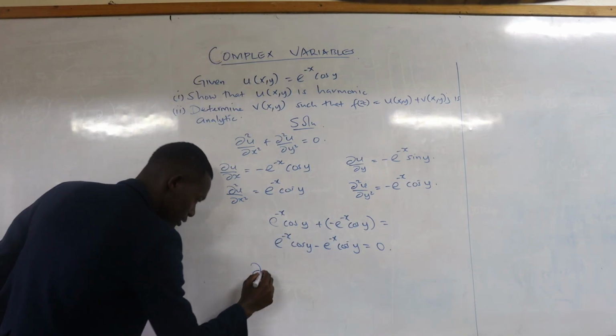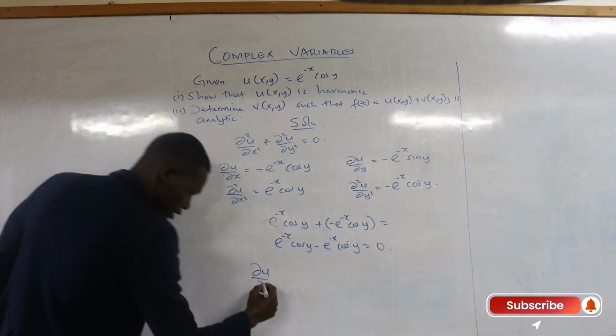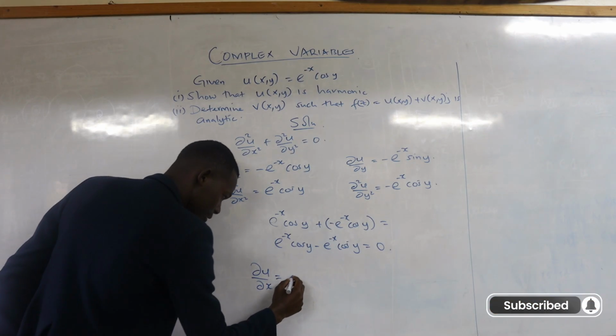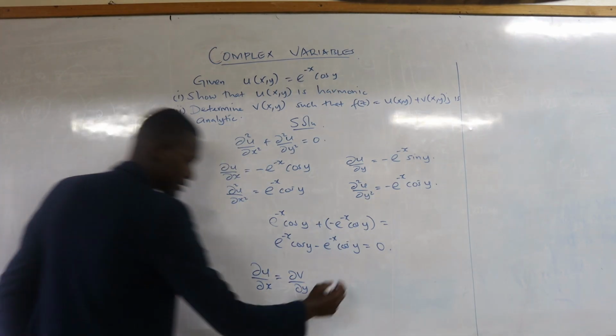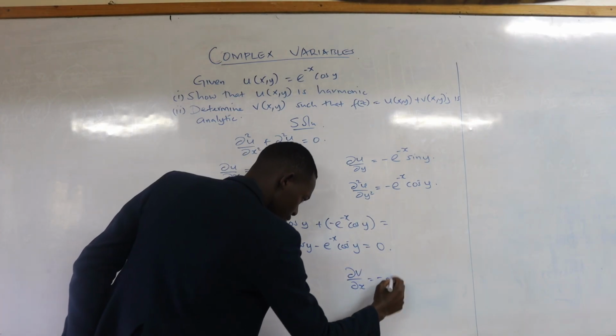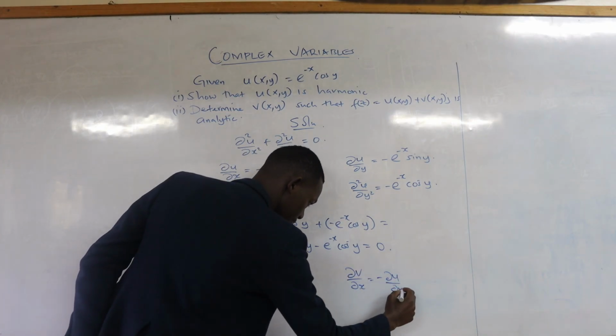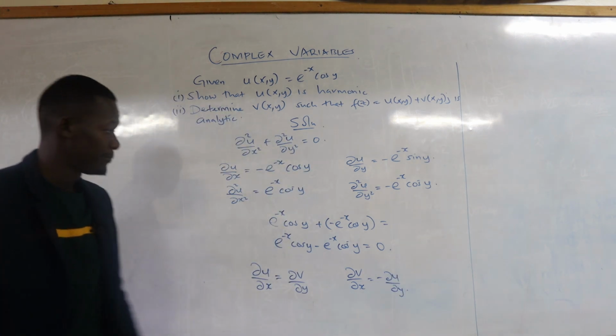Remember these are partial derivatives. First, du dx should be the same as dv dy. Then the second one, dv dx should be the same as negative du dy. Those two conditions have to be met for a function to be analytic.